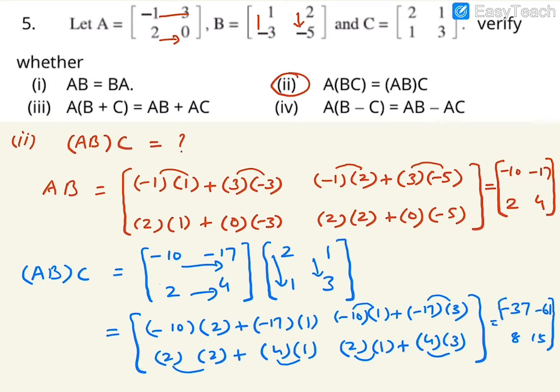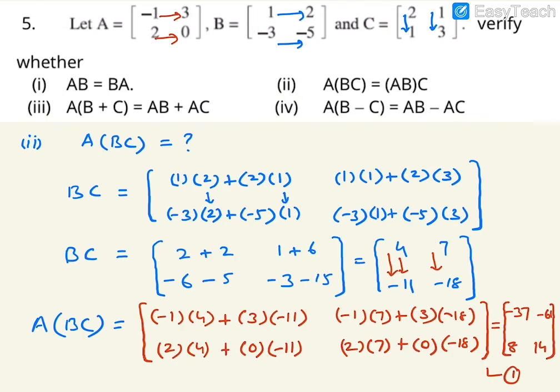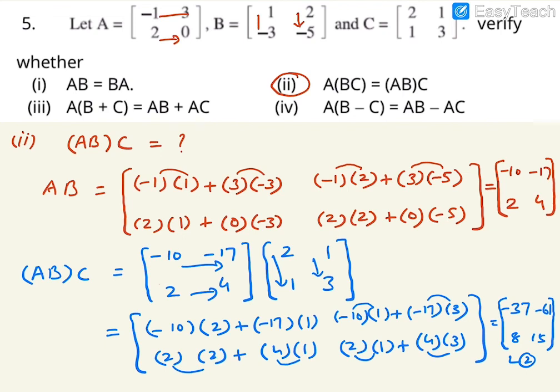Which is the same as A into BC. So say this is 2. You can see here A into BC was minus 37, minus 61, 8 and 14. And here we have minus 10 into 2 is minus 20 and minus 17 will be minus 37.